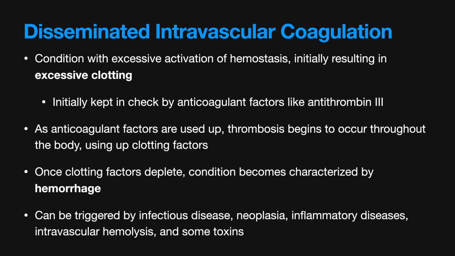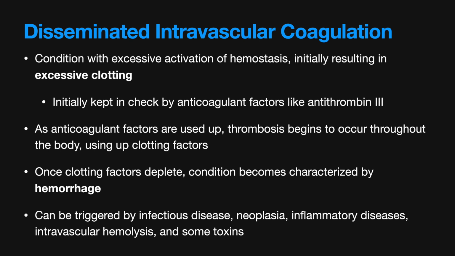This is an interesting condition causing excessive activation of hemostasis, initially causing excessive blood clotting. This blood clotting is initially kept in check by the anticoagulant factors like antithrombin 3. However, once those factors are used up, unchecked thrombosis can occur throughout the body. This rapidly uses up the available coagulation factors.